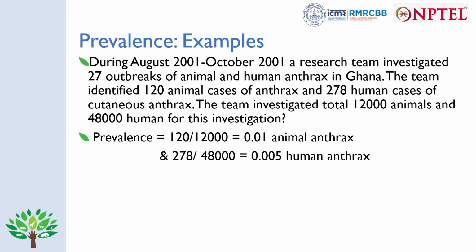The team investigated a total of 12,000 animals and 48,000 humans, and the prevalence will be 120, that is the number of cases, old plus new, of animals, divided by the total number of animals investigated, 12,000, which is equal to 0.01 for animal anthrax. And 278 divided by 48,000 is equal to the human anthrax prevalence.